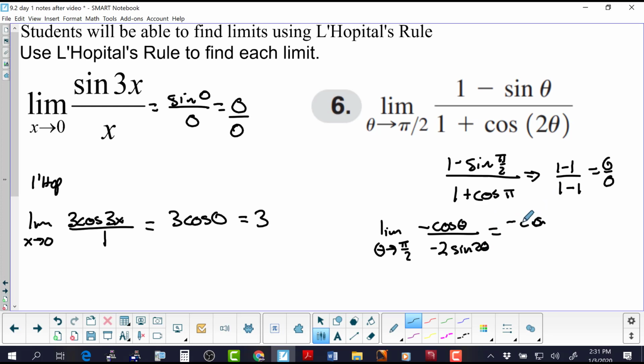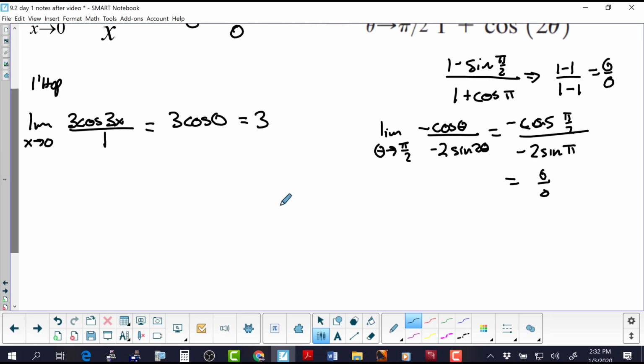So we get negative cosine of pi over 2 over negative 2 sine of pi. Cosine of pi over 2 is 0 and sine of pi is 0. So we get 0 over 0 again, which is another indeterminate form. I forgot to note that we're doing L'Hopital's rule here. Now we can take L'Hopital's rule again.